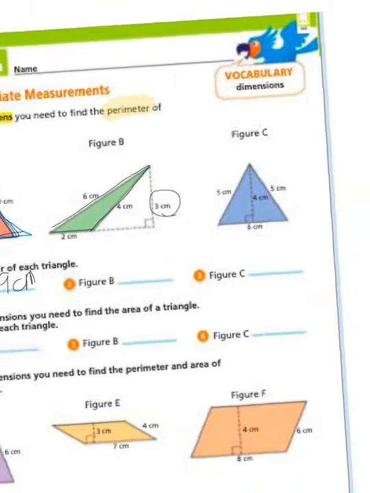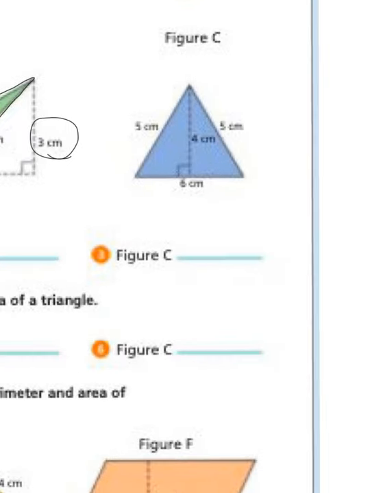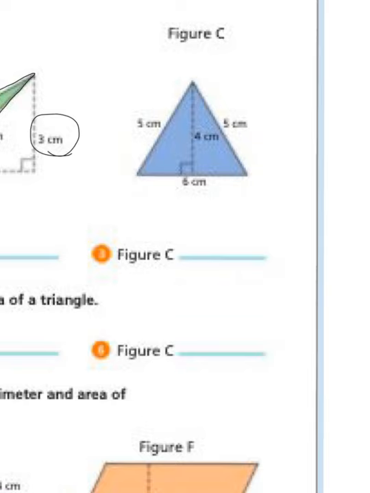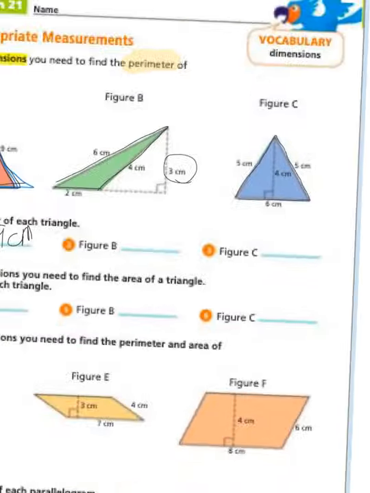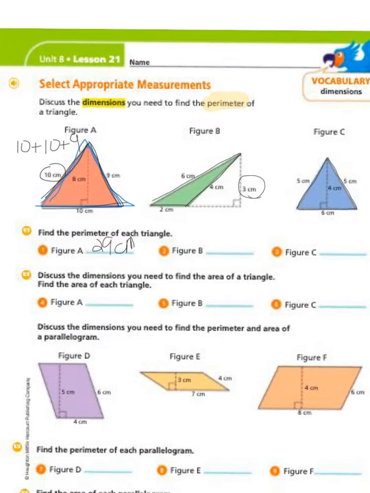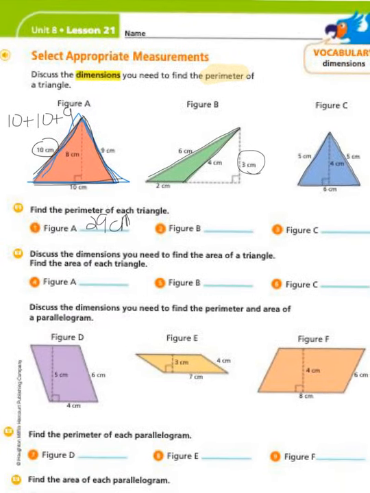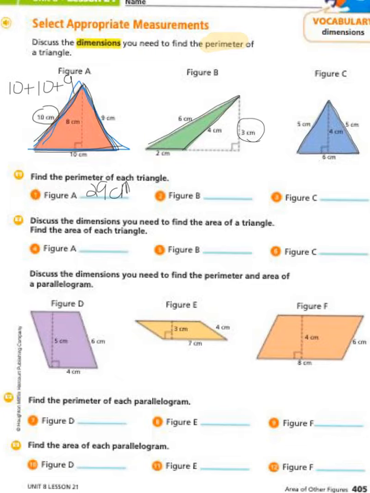And then let's look at figure C. And again, this one's a pretty easy one. Just want to find the distance around where my black pen was. Okay, and so that's finding the perimeter.